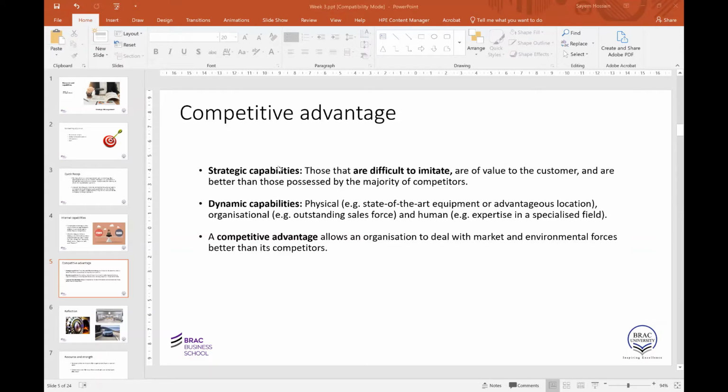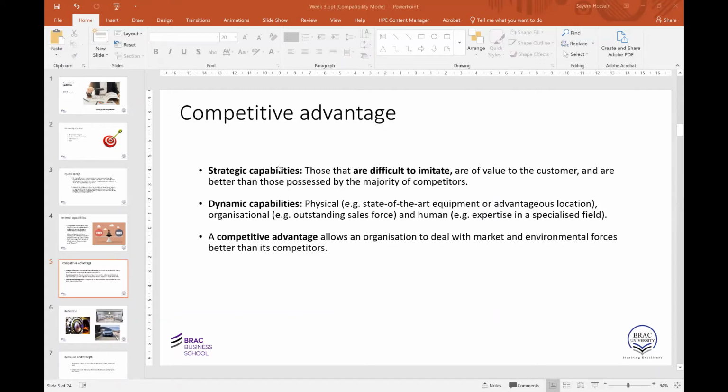So an organization, when they want to achieve a sustainable competitive advantage in the market, they need to have some of their strategic capabilities and dynamic capabilities aligned together. And this will give them a competitive advantage. So a competitive advantage allows an organization to deal with market and environmental forces better than its competitors.